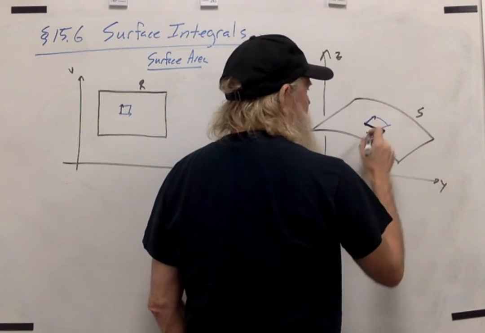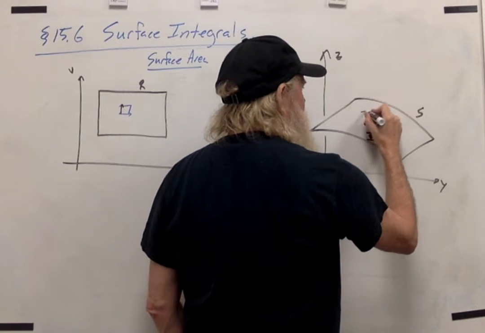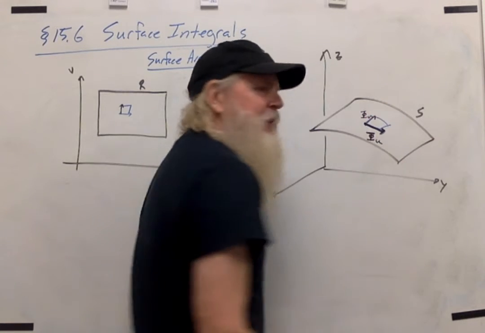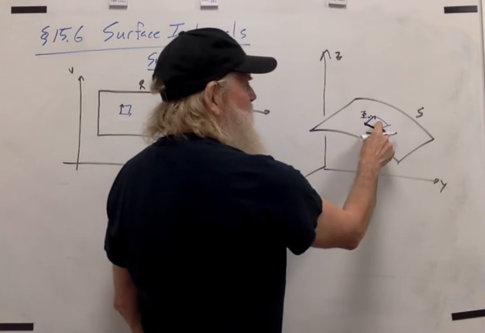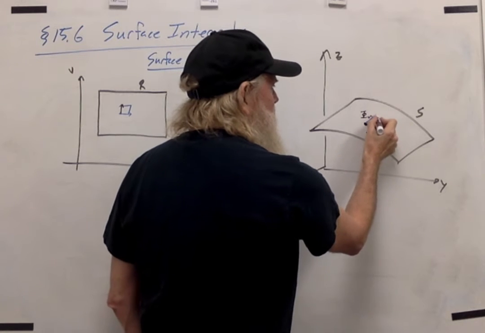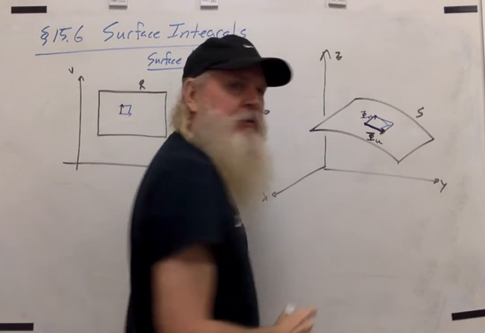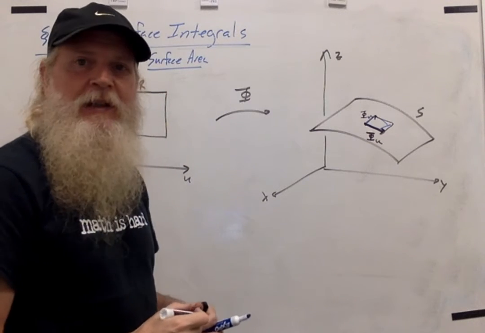Over here, this edge of the shape in the plane is going to be approximated by the vector d phi dv. So the area of this little region in S is approximately the same as the area of the parallelogram spanned by d phi du and d phi dv.